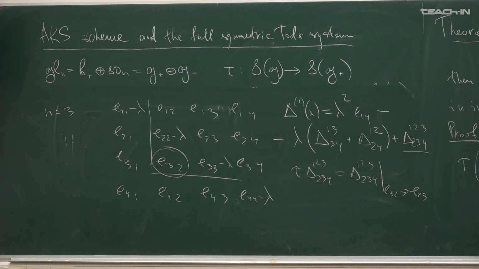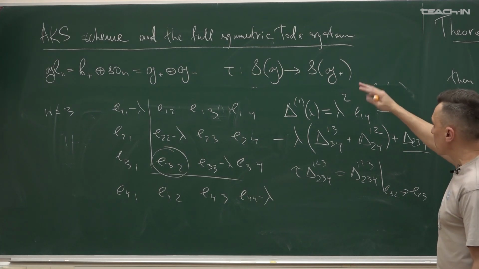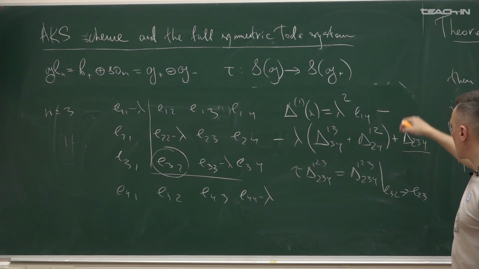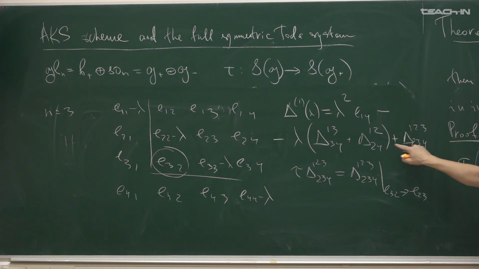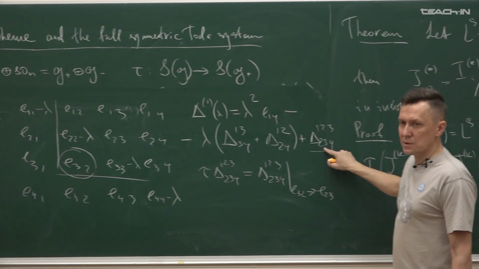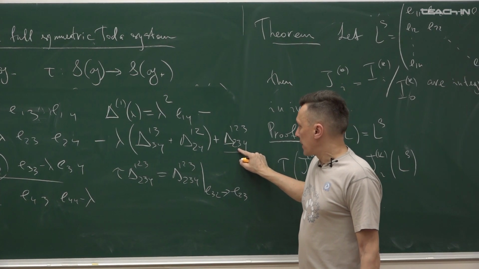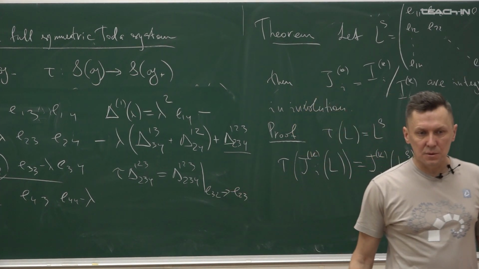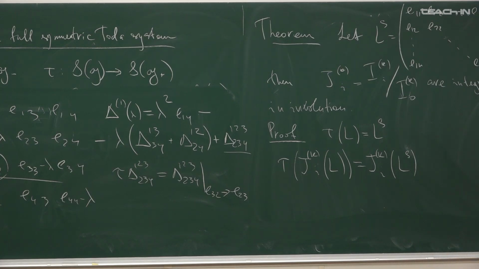All other elements are the same, but you see the general consideration of the Gelfand-Zeitlin subalgebra states that this element commutes with this one. After this change, it is not absolutely obvious.